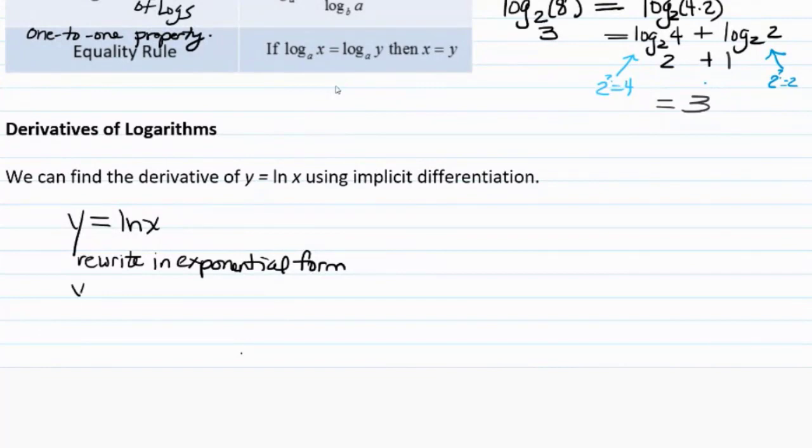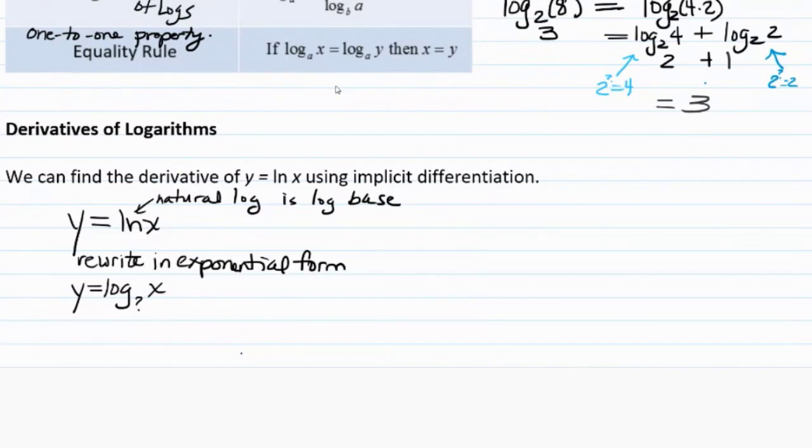So remember that natural log is log base what? There's going to be an x, but what's the base here that's implied by the notation natural log? Not 10, that's the common log.